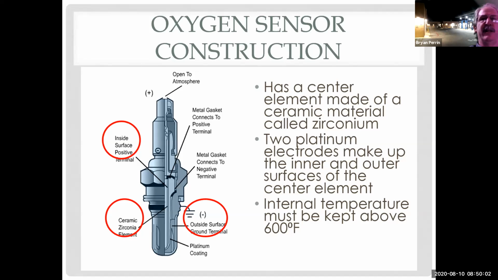Now, that doesn't mean I need to necessarily go to Ford or I necessarily need to go to Toyota. I may, but what it does mean is I need to match up the brand on the sensor to the brand that came from the factory. And don't assume that just because it's an Asian vehicle, it's going to use like an NTK sensor or a Denso sensor, because Denso is an Asian, or Japanese, company.